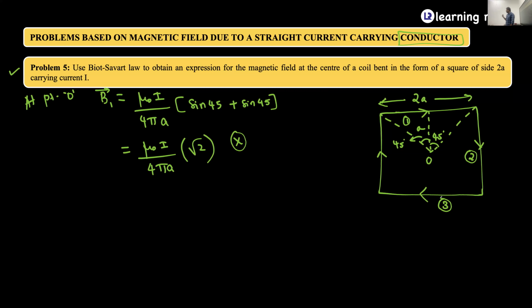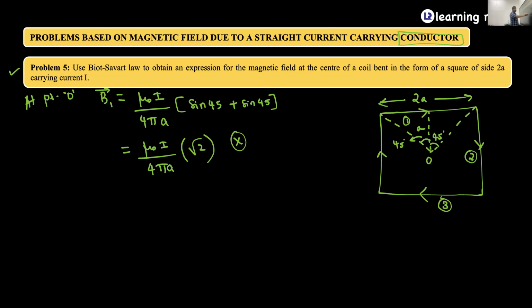The previous problem only I told you: if the currents are in opposite direction, in between them, the magnetic fields will be in the same direction. This is again another common mistake. Just because the currents are in opposite direction, they put a minus sign and cancel it, and say the whole value is 0. No. I've seen these mistakes, so don't make that mistake.